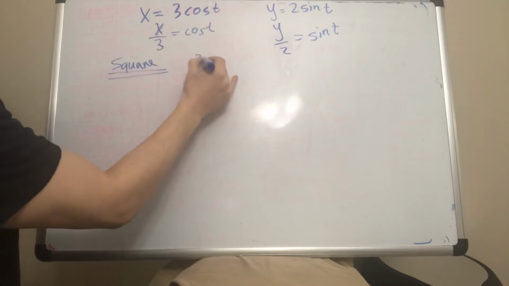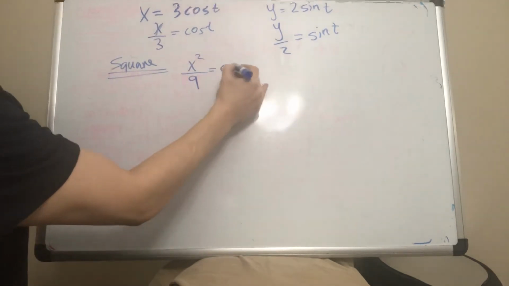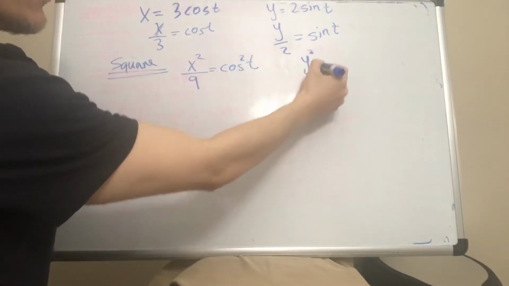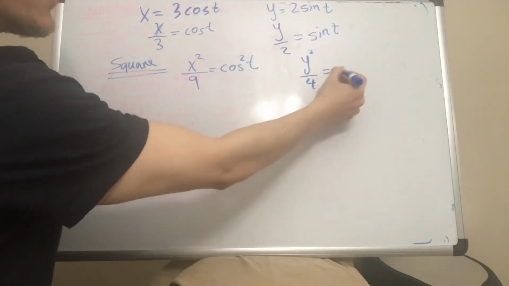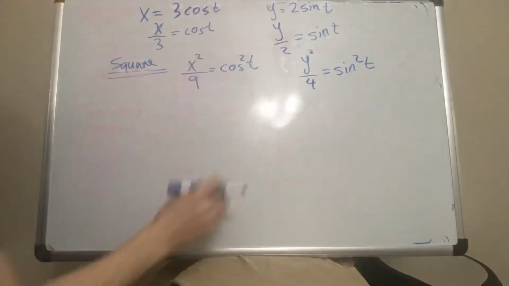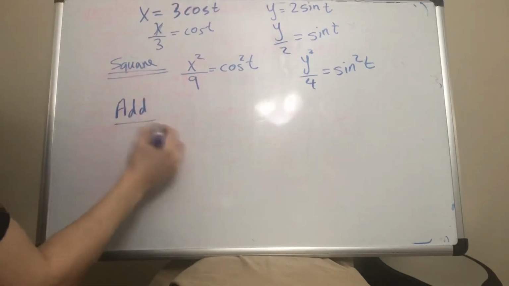Squaring this, it would be x squared over 9 cosine squared. Squaring this would be y squared over 4. After you square everything, you add everything.